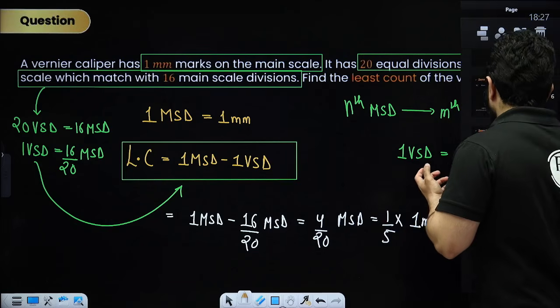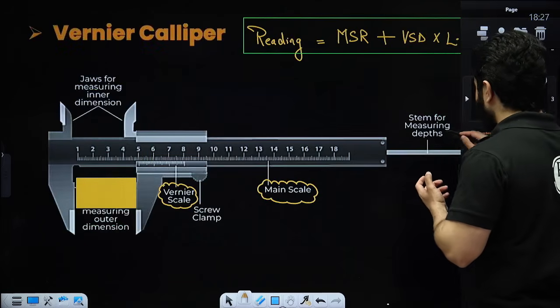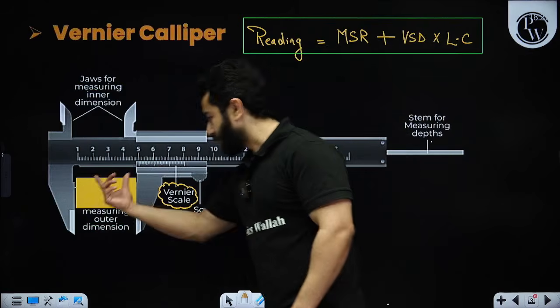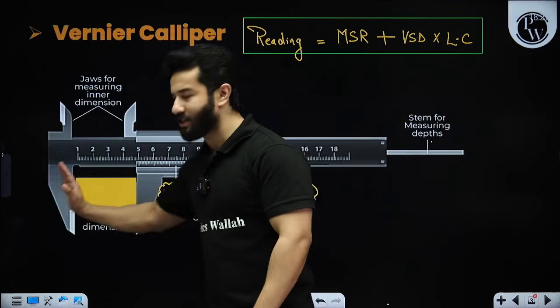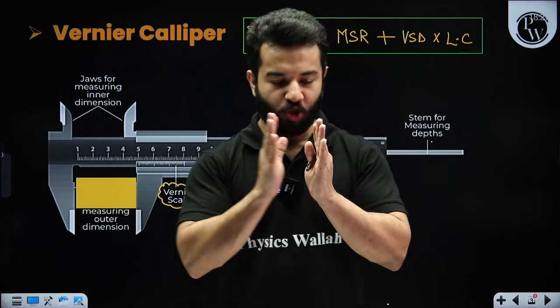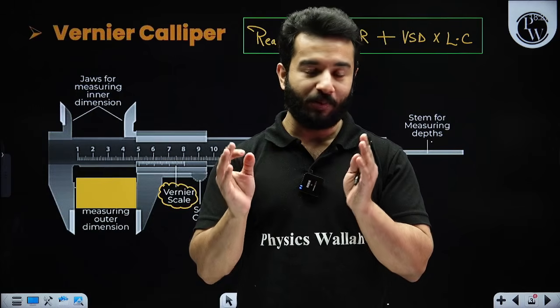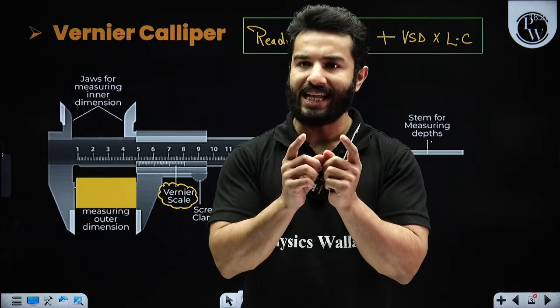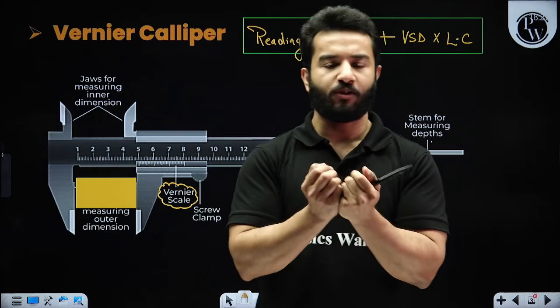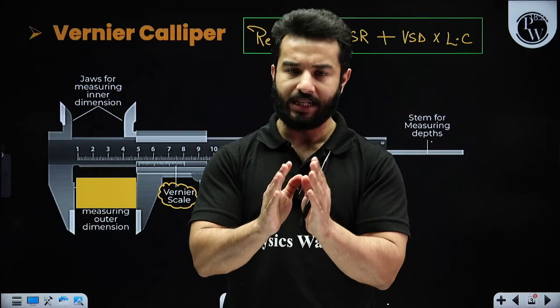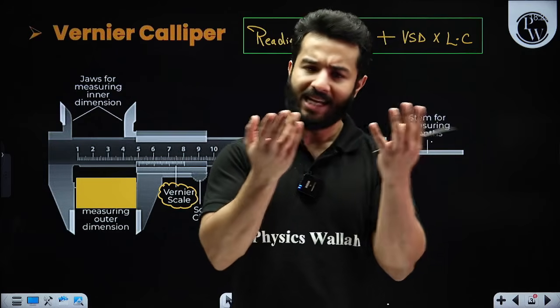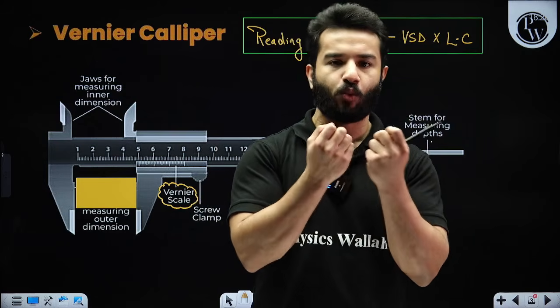Moving on. Now the next thing is, my dear friends, when we remove this block and close these jaws, when the jaws are connected, that means nothing is in between these jaws. At that point, the reading of the Vernier caliper should be 0. Is that correct? The reading should be 0 and then we will say that it is a correct Vernier caliper.